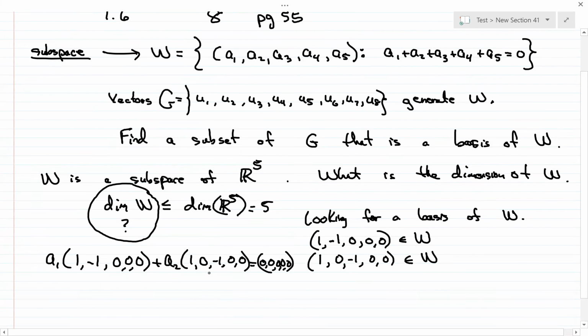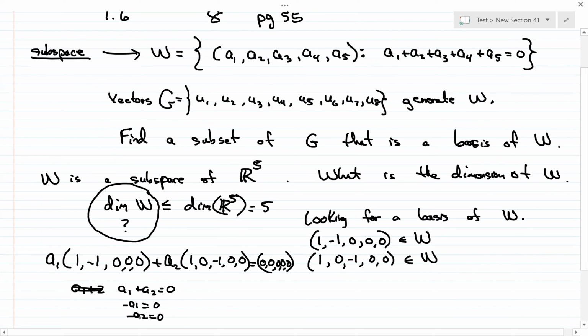Well, A1 plus A2 would have to be 0. And minus A1 would have to be 0. And minus A2 would have to be 0.